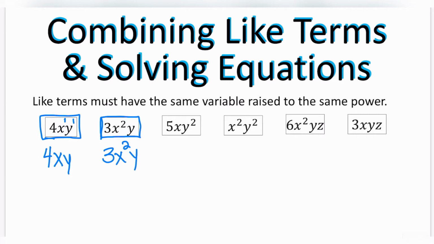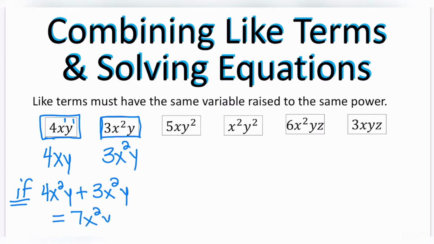If we had 4x squared y, for example, plus 3x squared y, then yes, those are like terms, because you have x squared and y. And so when you add them, you just combine like terms and that becomes 7x squared y.